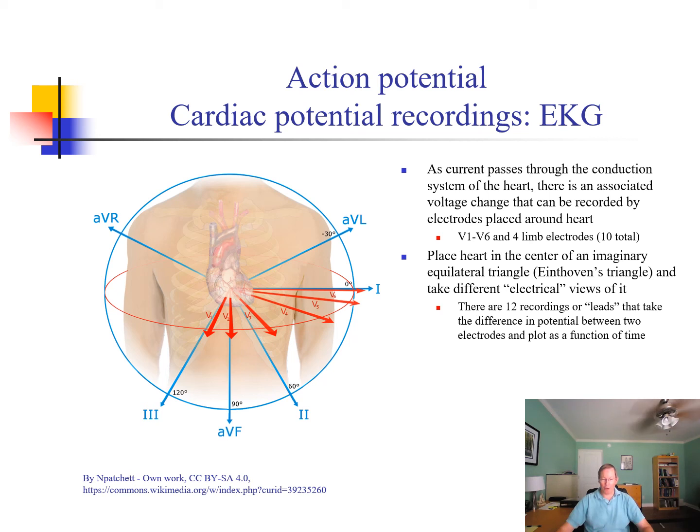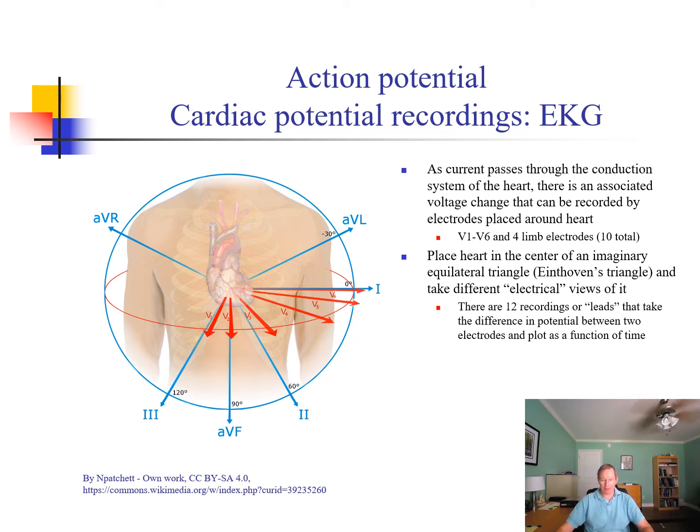There are so-called precordial leads which go around the heart, as well as limb leads which are on the arms and the legs. I can take the difference in potential between those two, or between any two, and get a series of snapshots of the electrical activity of the heart.